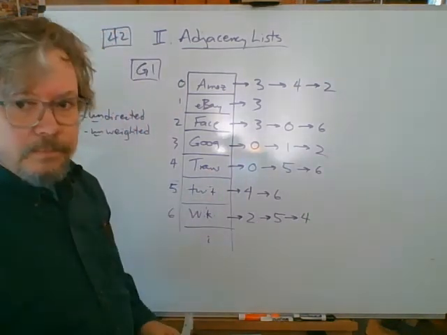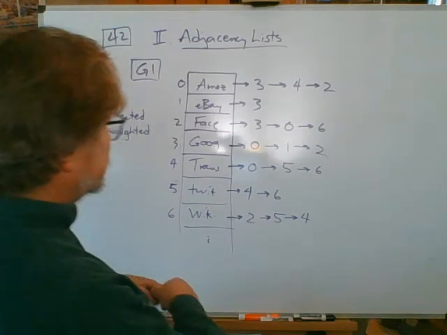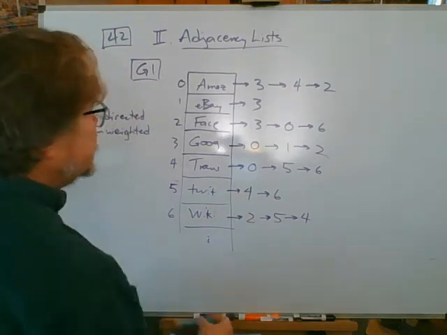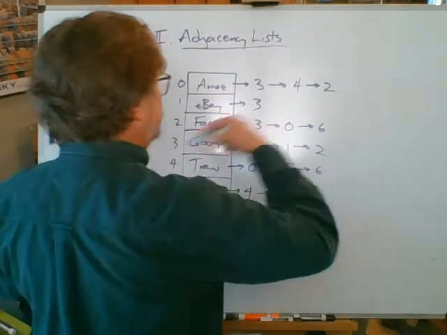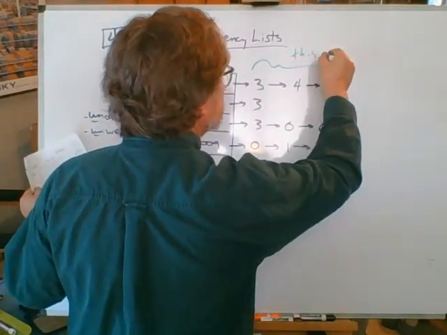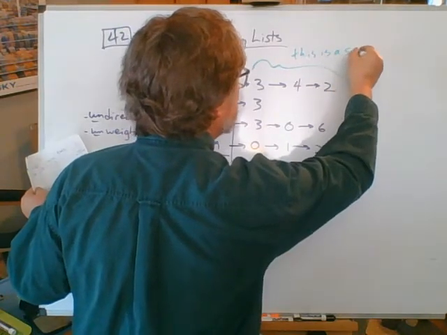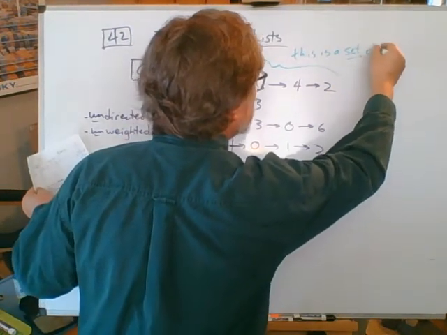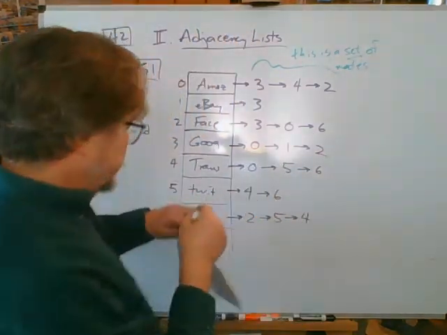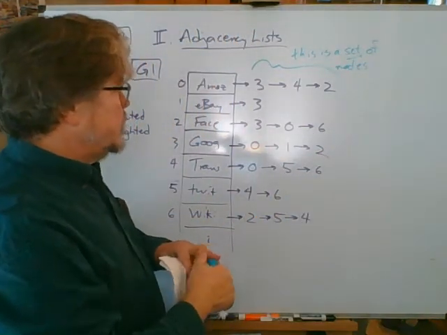They're all different. And I said it, but it's such an important concept that I'm going to say it in blue on the board. This is a set of nodes. And I say that because the picture, until you get used to it, can be misleading.